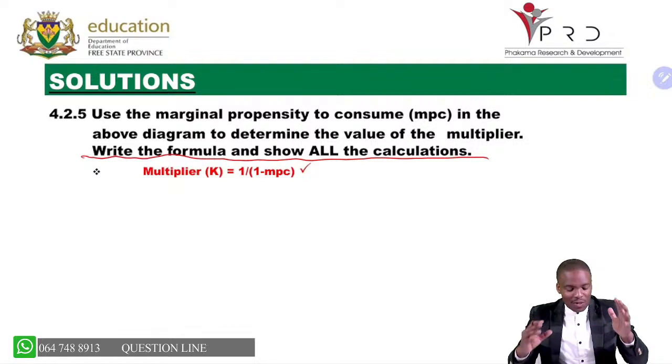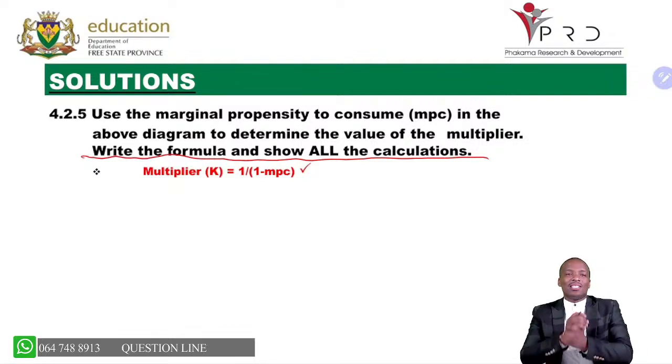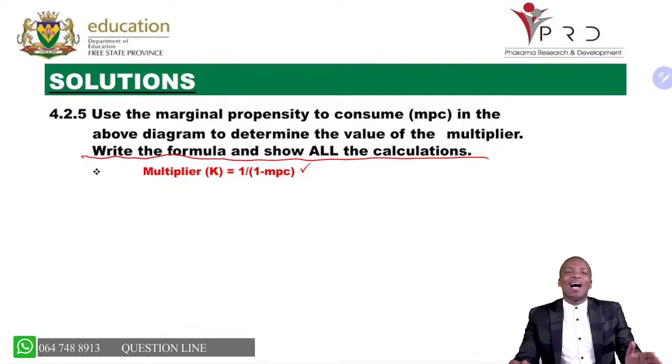They just go straight to substitution in the calculator, get the final answer, and say I'm done. For writing the formula, there's a possibility of you getting a mark. So k, which is the multiplier, is equal to 1 over 1 minus MPC. 1 mark for that.